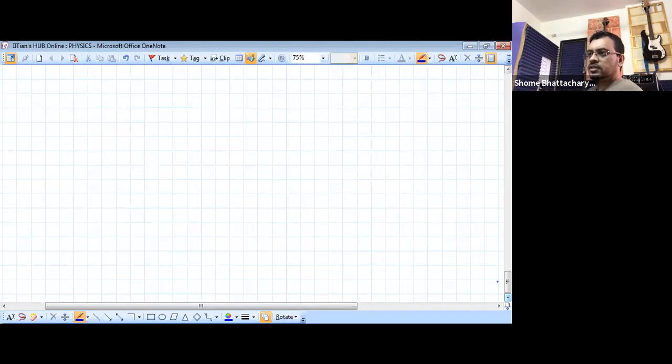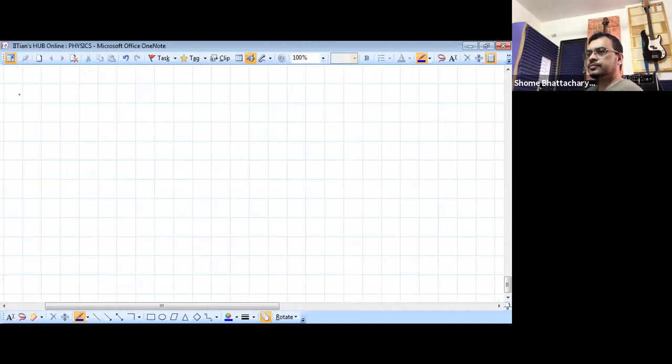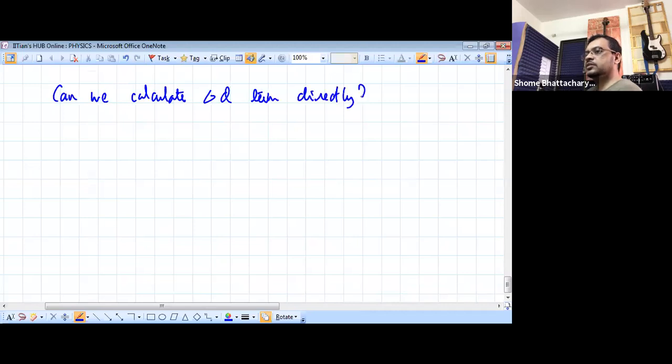Now the whole thing is, can we calculate the phase difference, the delta phi term, directly without writing all these equations? The answer to that is yes, we can do it logically.